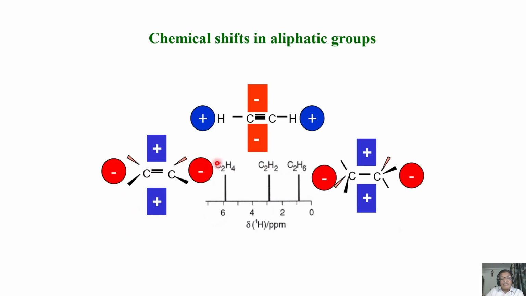As a consequence, C2H2 is deshielded more, it comes around 2 point something, close to 3 ppm, whereas C2H4 and C2H6, because you are going in the axis of the bond, have different chemical shifts.